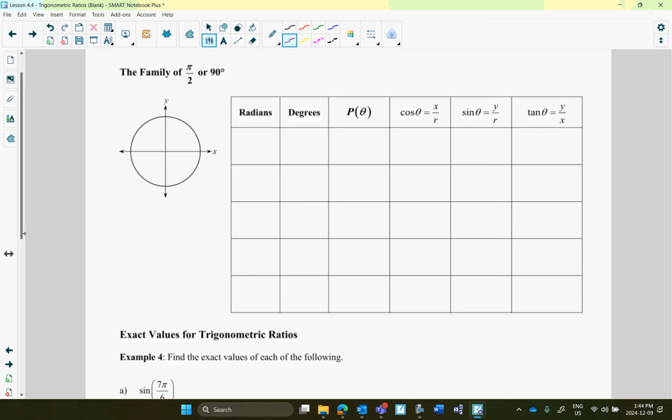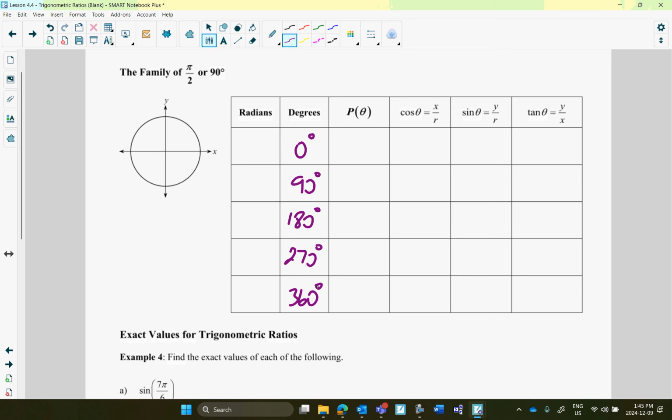So these ones, the 90-degree family, actually start at 0 or 360 degrees. Those are both the same. Then it's 90, then 180, then 270. Oh, sorry, I did make room for 360. 0 degrees and 360.